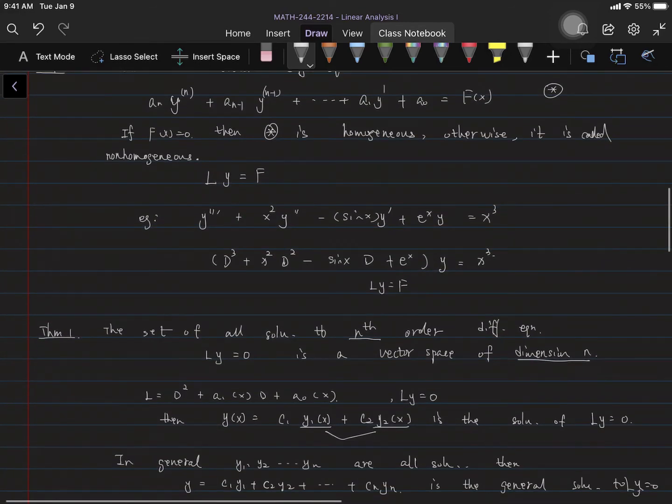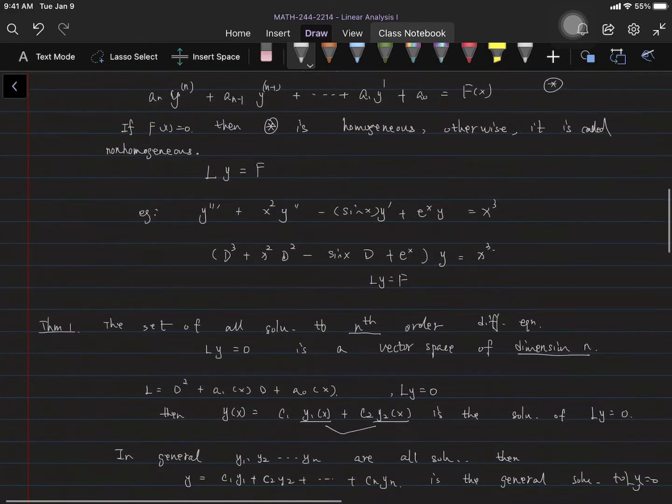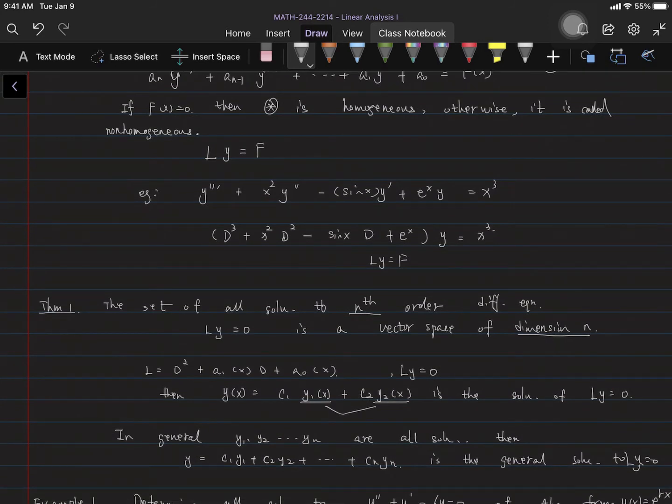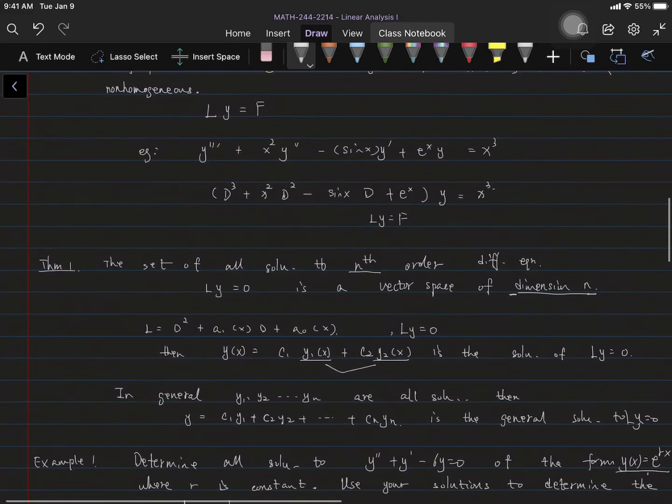Next, we have theorem 1. Theorem 1 says the set of all solutions to the nth order differential equation is going to be a vector space of dimension n. Okay, so that means what? You can take a look at this one. L equals d squared plus a1 of x d plus a naught of x.